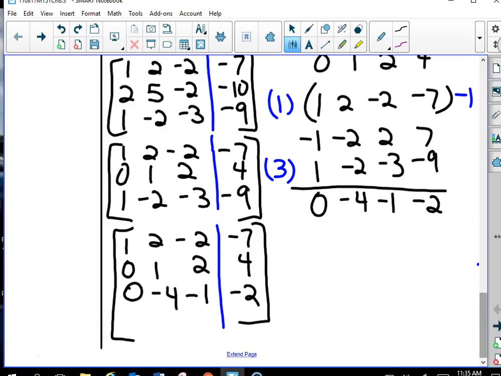Okay, so I'm going to take my new row 2, and by the way, when the book does this, they start adding primes to tell you how many times it's been changed. I just kind of use prime once.